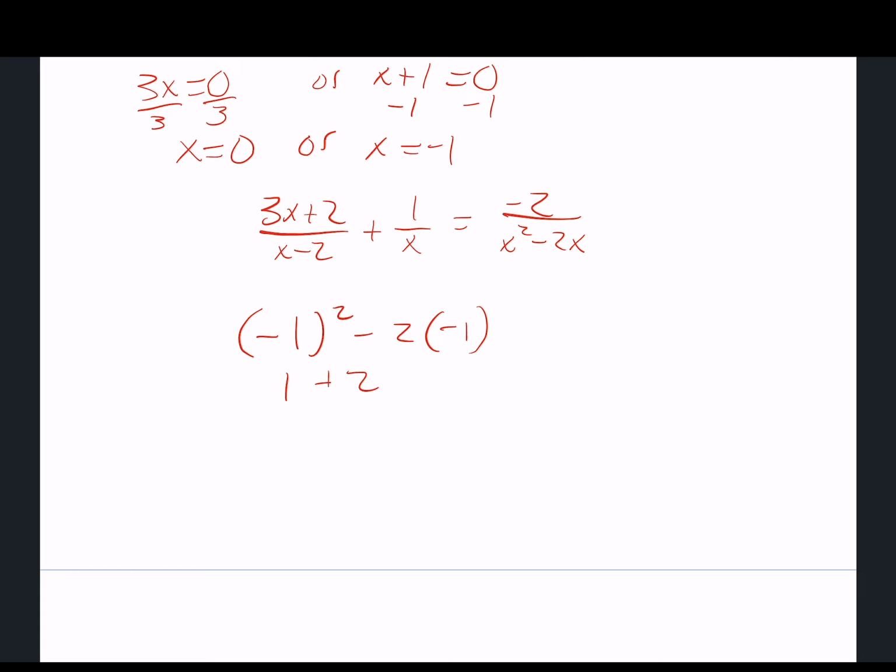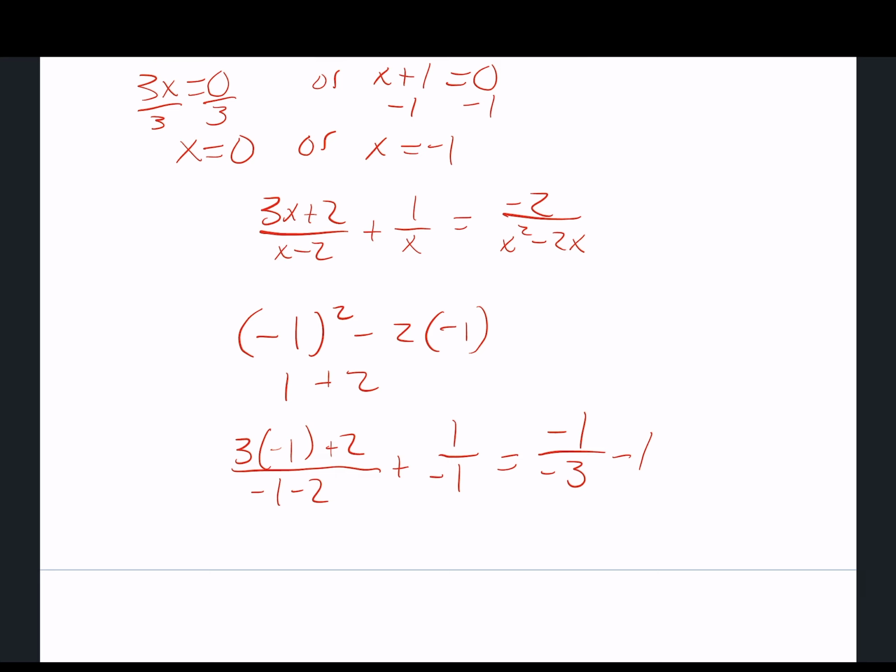So let's plug in, for all of the x's, this negative 1 and see if that works. So 3 times negative 1 plus 2 over negative 1 minus 2 plus 1 over negative 1. So that gives us 3 times negative 1 is negative 3 plus 2 is negative 1 over negative 1 minus 2 is negative 3 plus a negative 1, so minus 1.